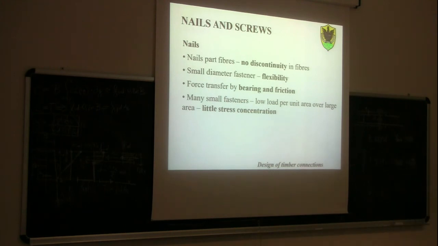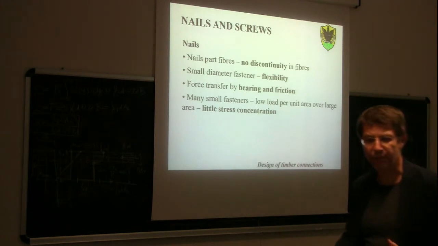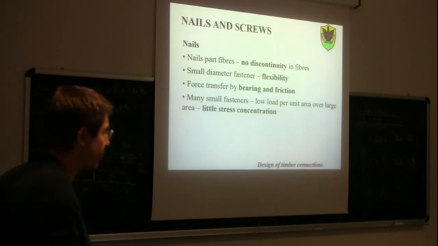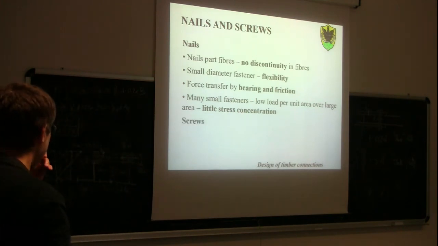In other words, once we use a nail connection, we have a more distributed connection. Instead, when we use bolts, we have a lot of stress concentration around the bolts, so we have, if you want, more discontinuity in terms of stress distributions.